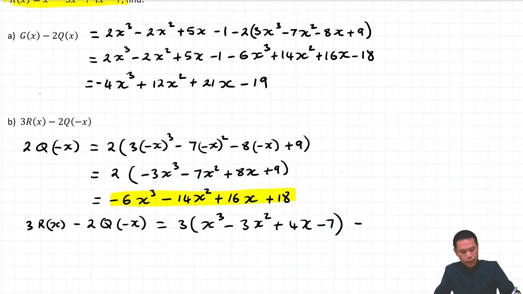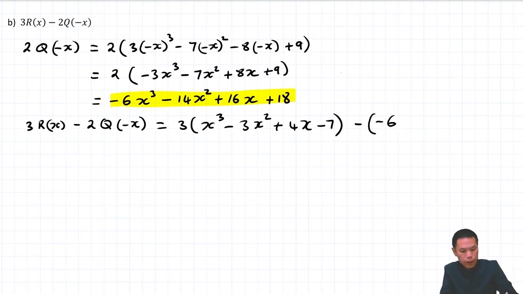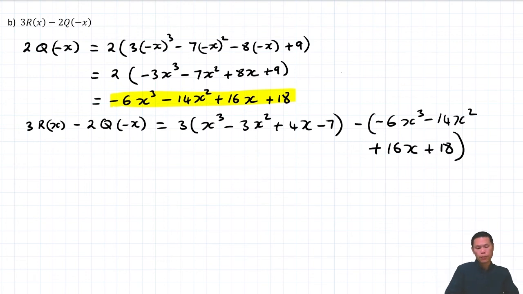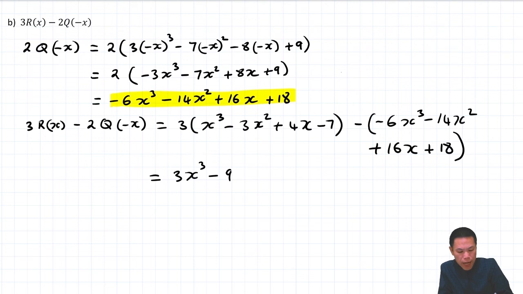Okay, so I just write this out. So which is equal to negative 6x to the power 3 minus 14x squared. I write out here. So plus 16x plus 18, and I close bracket, of course. So now I just remove the bracket, which equals 3x to the power 3 minus 9x to the power 2 plus 3 times 4 is 12, so 12x minus 21.